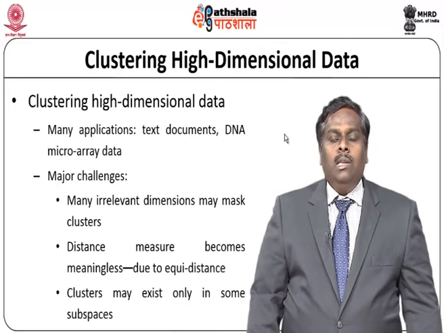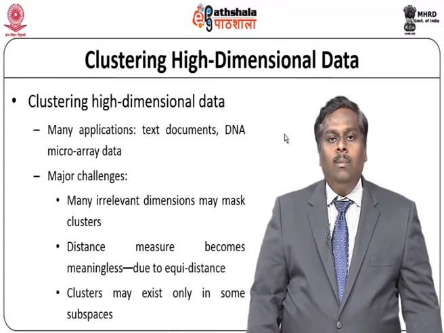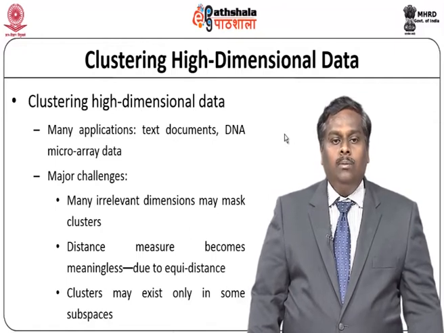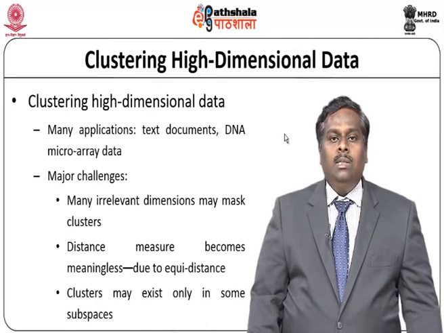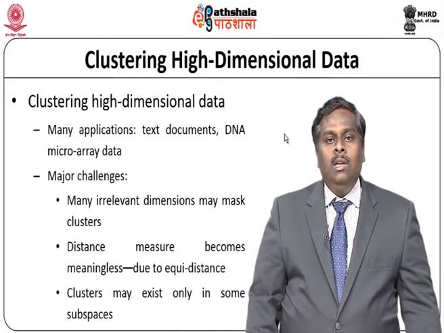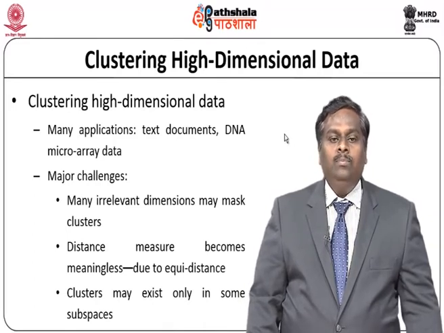When we apply clustering on major voluminous data sets, what are the major challenges we may encounter? The first important challenge is that the data set comprises many irrelevant dimensions, and such irrelevant dimensions may mask the cluster. In other words, irrelevant dimensions will never result in good clusters.